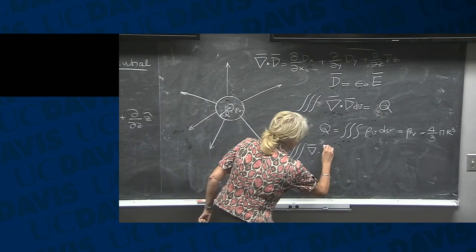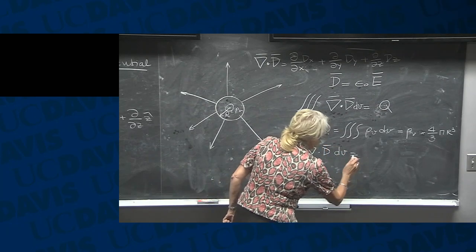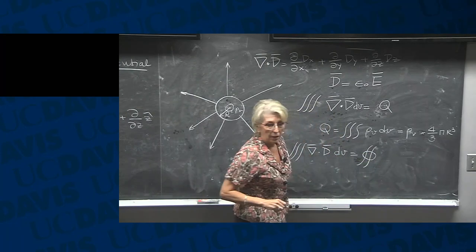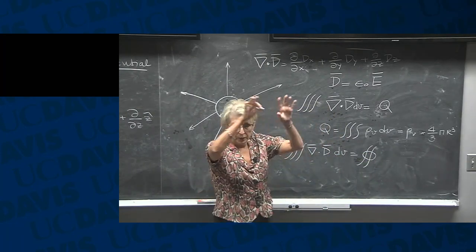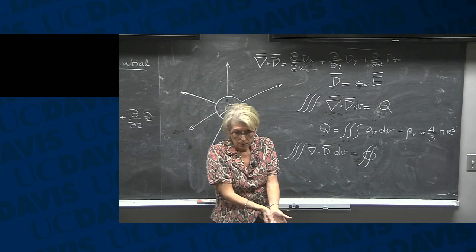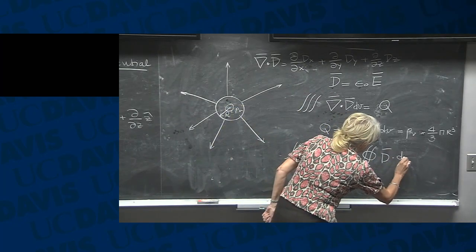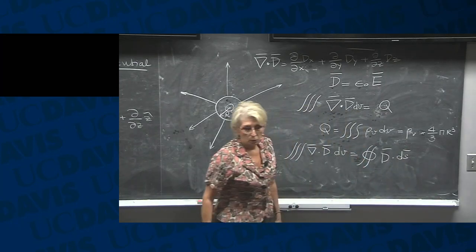To a surface integral over the closed surface which encloses the volume of this vector D dot dS, this vector which is on the surface.